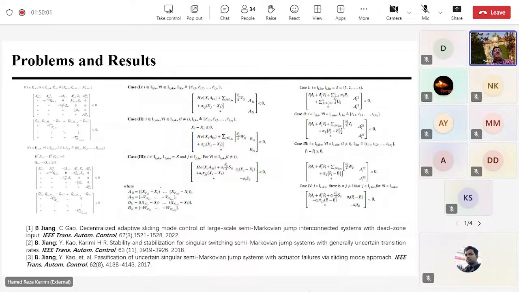This is just for your information. You see that for different cases, you can also think about some conditions for stability. These are some conditions for stability. Of course, you can find them from these references.